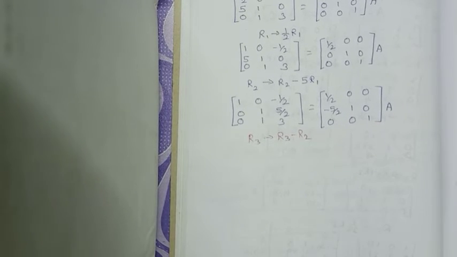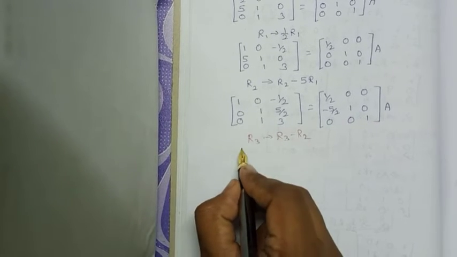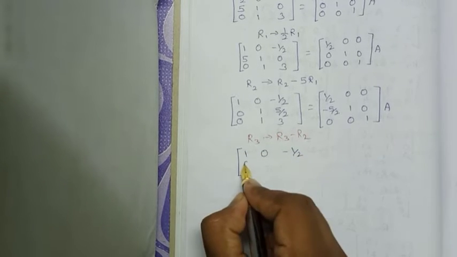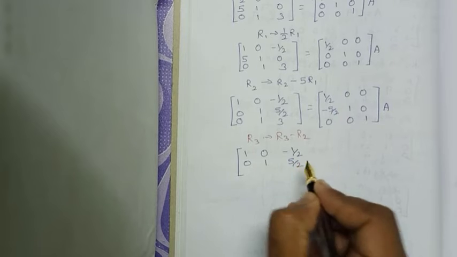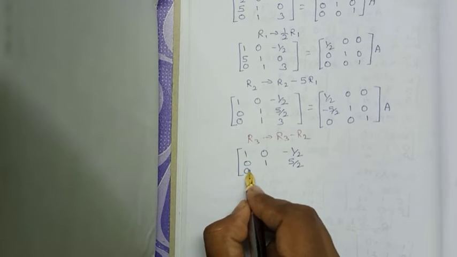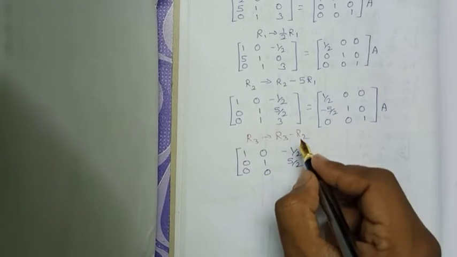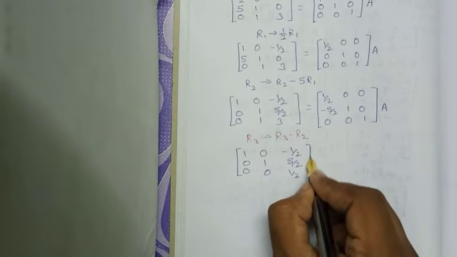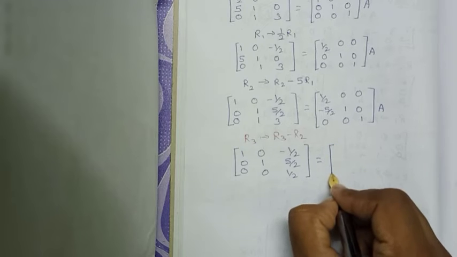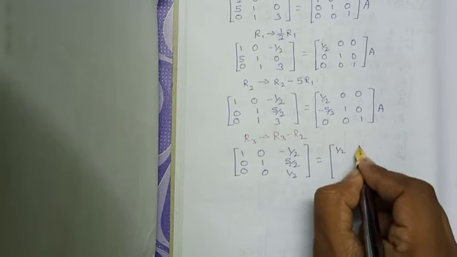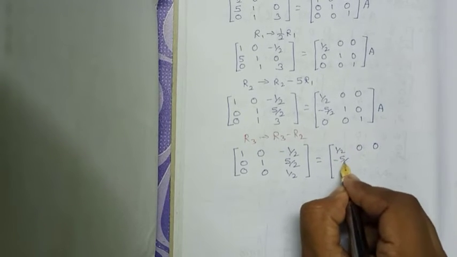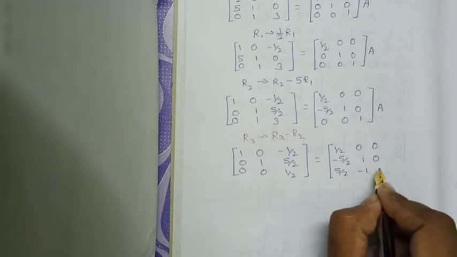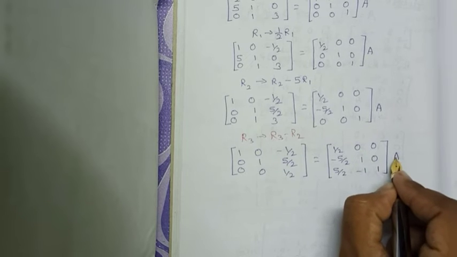The first two rows have no changes: 1, 0, minus 1 by 2, 0, 1, 5 by 2, and applying this operation we get 0, 0, and 3 minus 5 by 2 gives 1 by 2. On the right hand side we get 1 by 2, 0, 0, minus 5 by 2, 1, 0, and 0 minus 5 by 2, 0 minus 1, 1 into A.